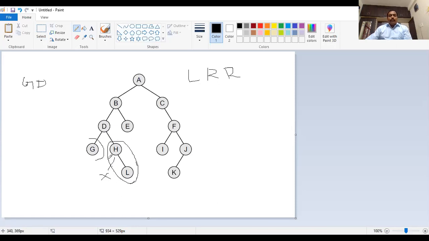What is the output of this part? On the left side there is no node, then root H, then L. So for this part, HL will be the answer. So for this entire subtree, G is the first node, D is the root node, then HL.